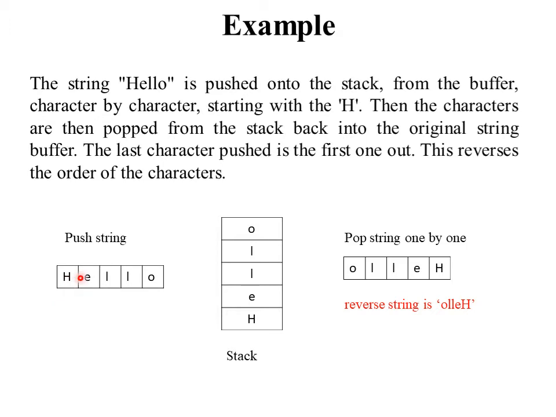So we first push H into the stack. The stack has indexes 0, 1, 2, 3 and 4. So first H is pushed and stored in the 0th index. Then push E, then L and then O. Now we pop the string one by one.